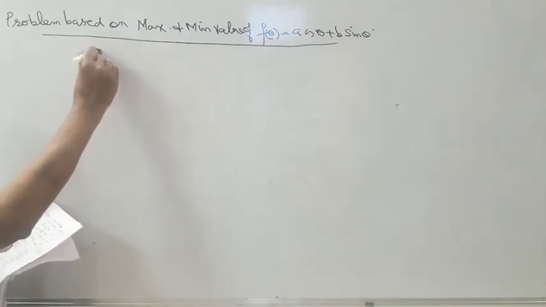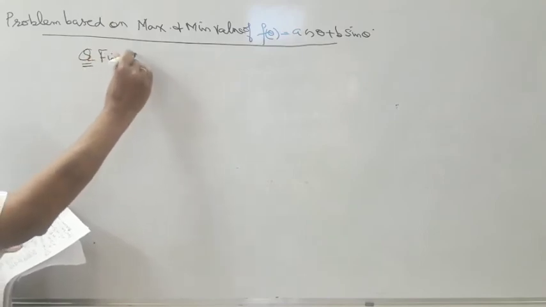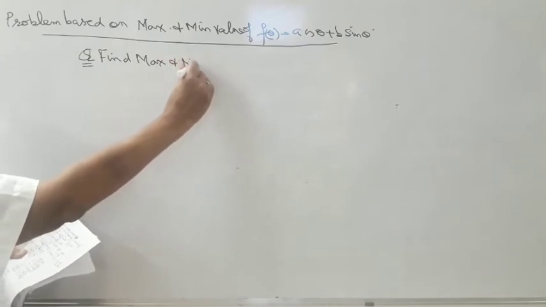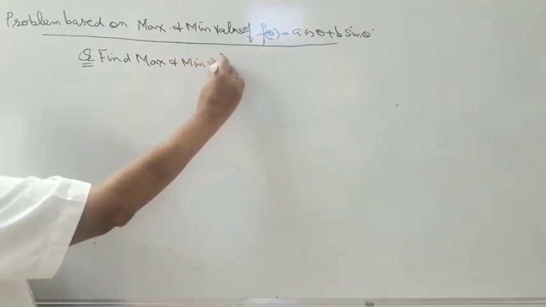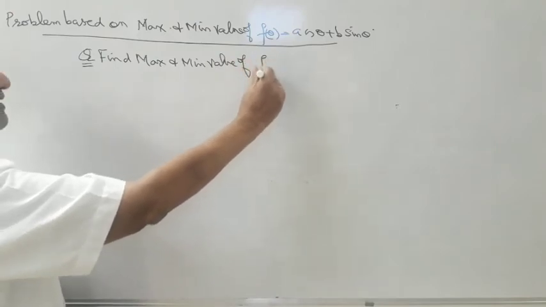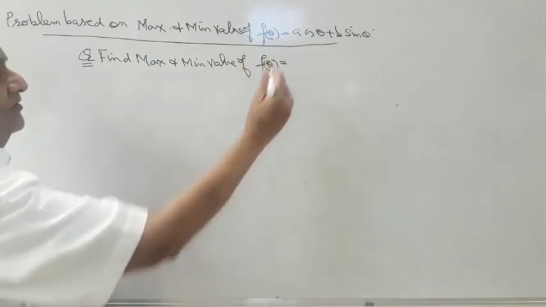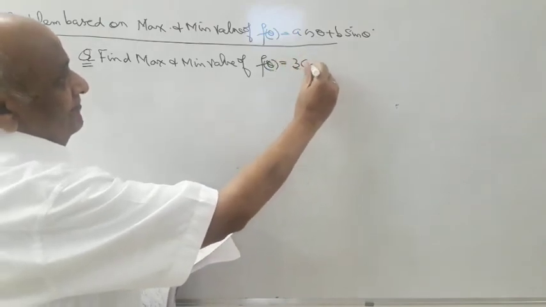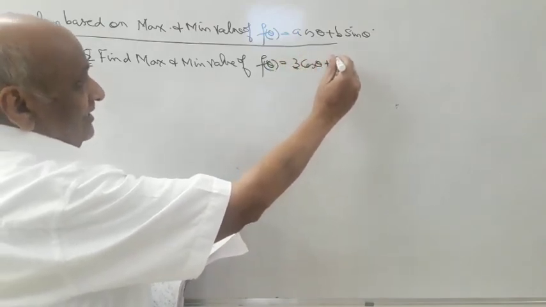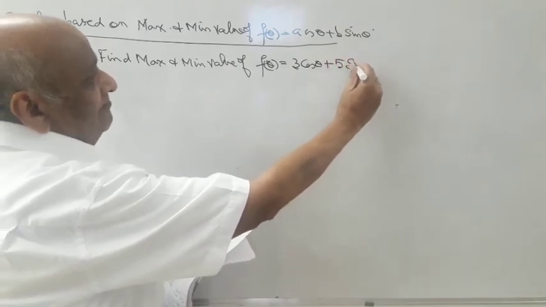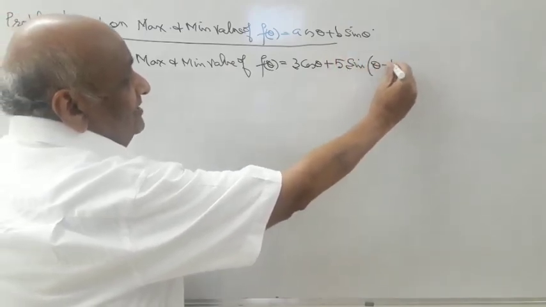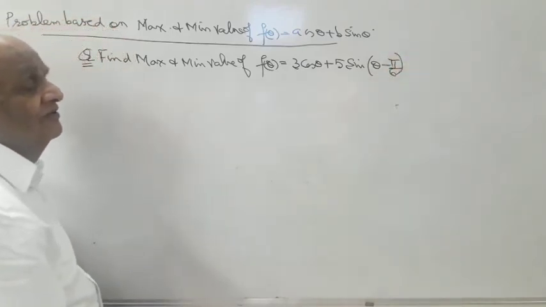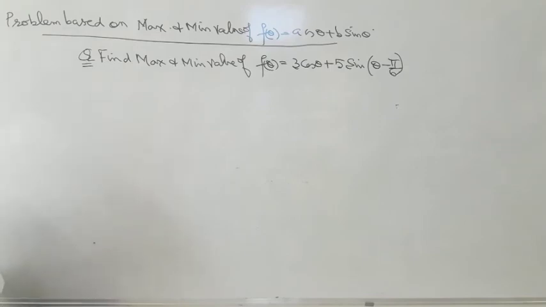Find the maximum and minimum value of f theta is equal to 3 cos theta plus 5 sin theta minus pi by 6. Such problems we sometimes come across in the examinations.